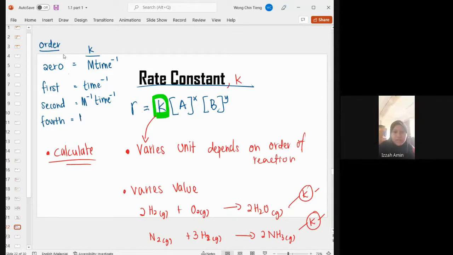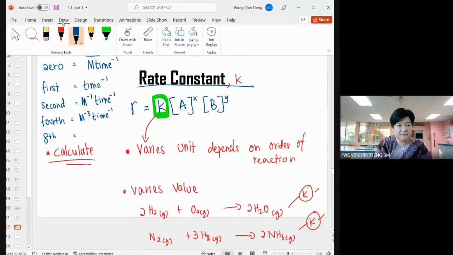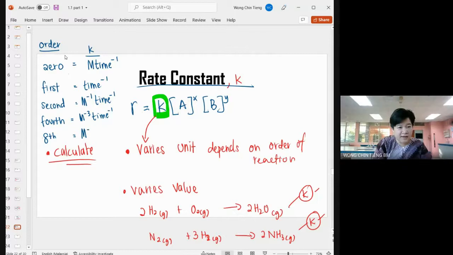Molar -3, time -1. Kalau dia adalah eighth order, Surat? Molar -7, time -1.